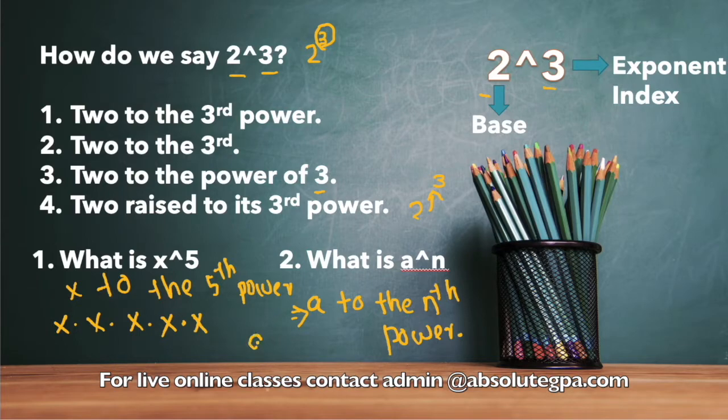So a is multiplied to itself, a times a times a, up to n times. So that's what it means. So n can be any value, and a can be any value. So a and n are variables here which can take any value. So a to its nth power is a times a times a up to n times.